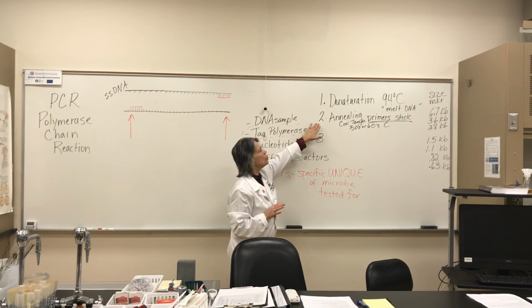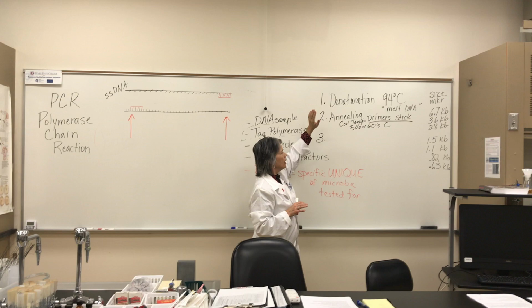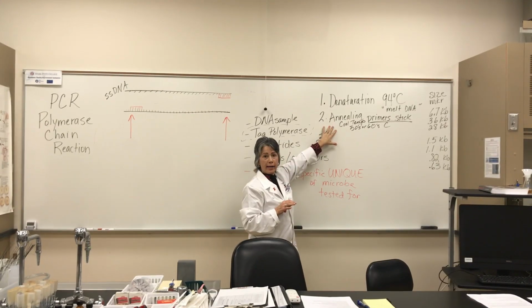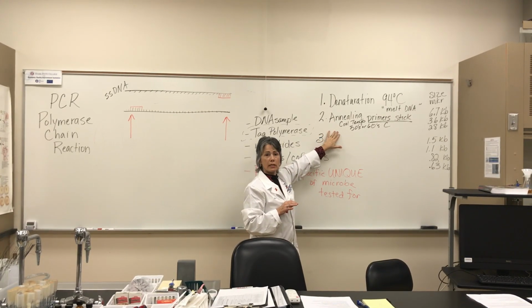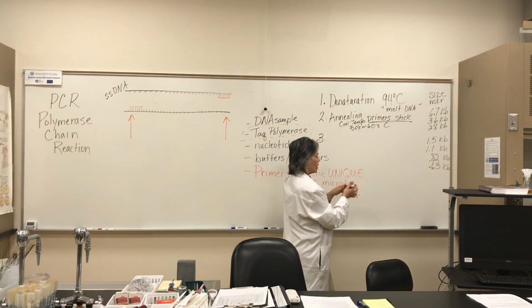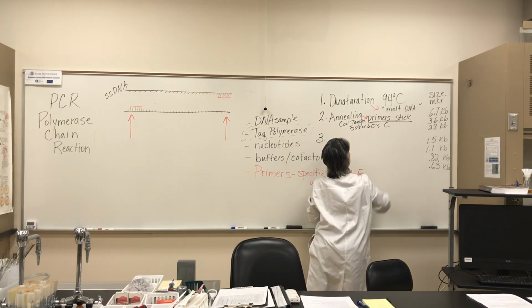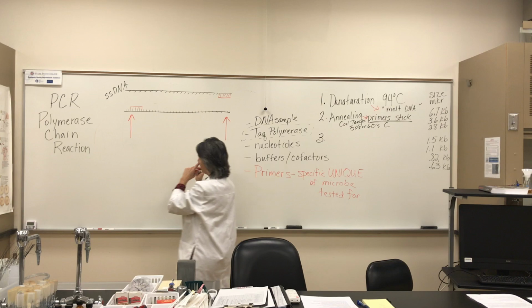So in step 2, also known as annealing, the temperature is going to cool down, 50s or 60s Celsius, which is still pretty hot for us humans, but in this picture it's cool. What's going on is that the primers are going to stick.